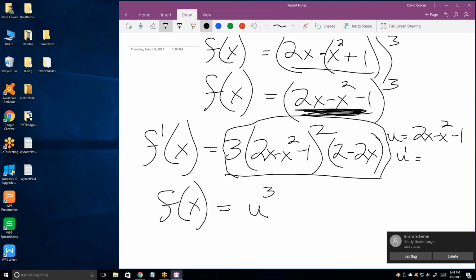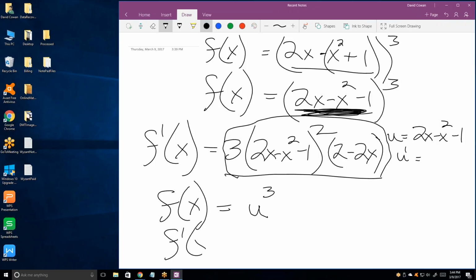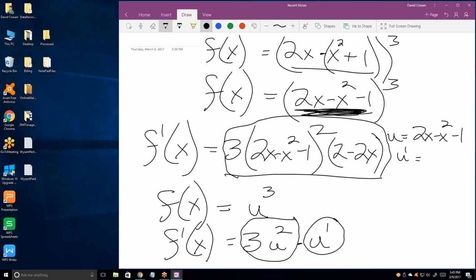Well, you can't take the derivative of that unless you apply the chain rule. So f prime of x is equal to 3u squared times u prime. This is the derivative of the outside, this is the derivative of the inside, and when we're done, we're going to convert it back to x's.